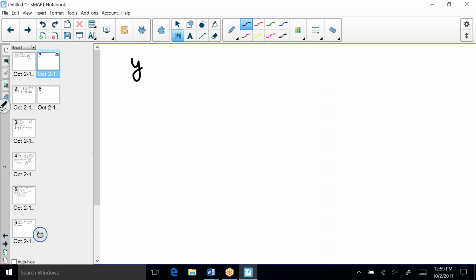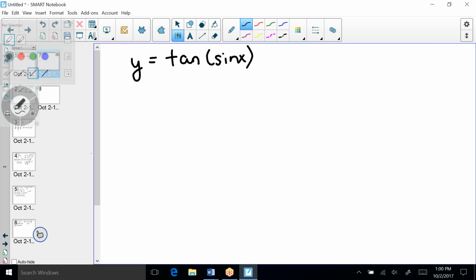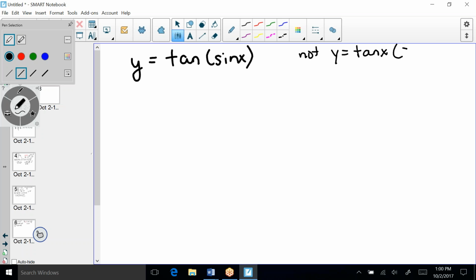So let's look at this example. y is equal to tangent of the sine of x. Again, remember, this is not y is equal to tangent of x times sine of x. So be really super careful.